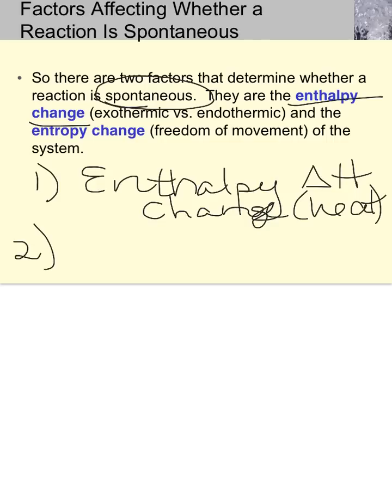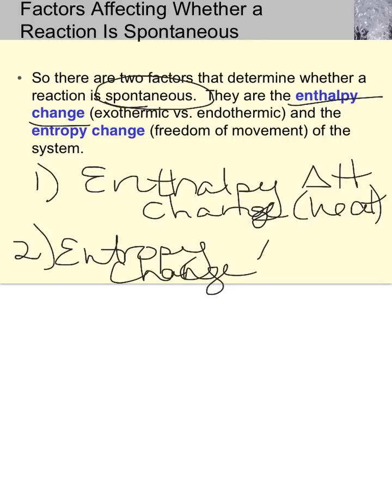And then there is entropy change that we also want to be aware of now to predict spontaneity. The symbol for entropy, and again we'll go over it more in the next lecture, is S, okay? That has to do with the freedom of motion.